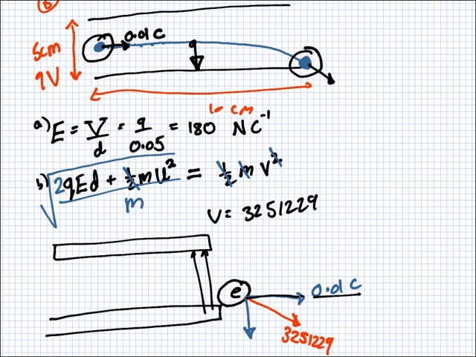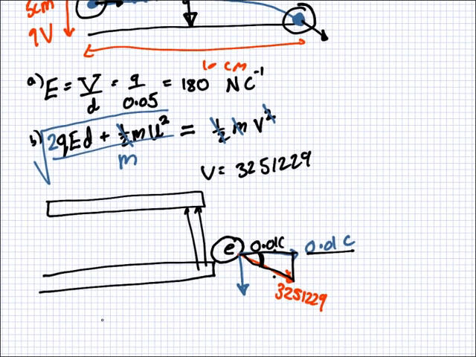Now if I draw my triangle here, we know the hypotenuse and we know the horizontal one here, and I want this angle. So I need to use, which is it, sine, cos or tan, which has hypotenuse and adjacent in it. Which one's that? That's cos, isn't it?